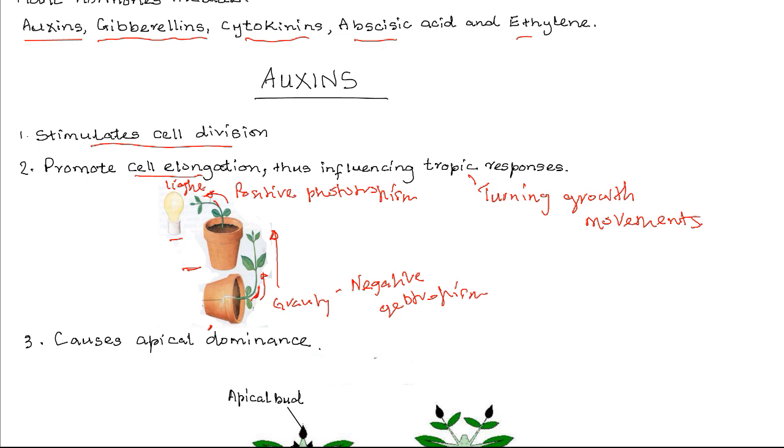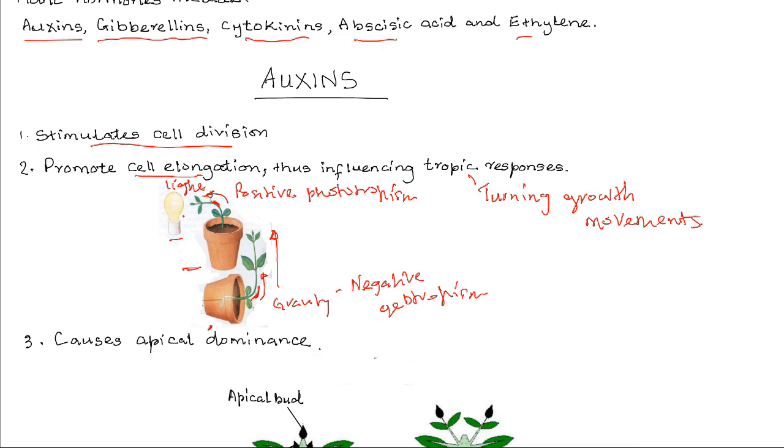On this other side, further from the source of light, you have more auxins. The more the auxins, the more the cell elongation. So the shoot tends to bend towards the source of light. So auxins play a central role in bringing about cell elongation, and in the process can influence tropic responses.